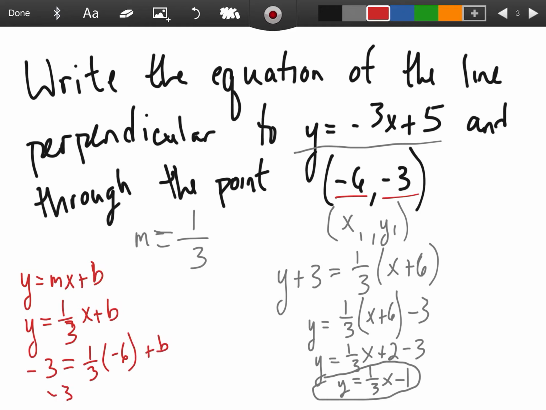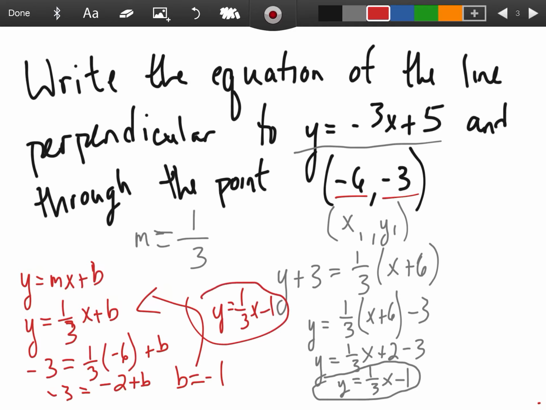So negative 3 equals negative 2 plus b. Then I'll just add the 2 over, and I get b equals negative 1, which is perfect. Then I'll plug that in for b. So I have y equals 1/3 x minus 1, which is the same exact thing that I found using point-slope form and then distributing and simplifying. So either way works. If you left this as your answer, that would be totally fine.